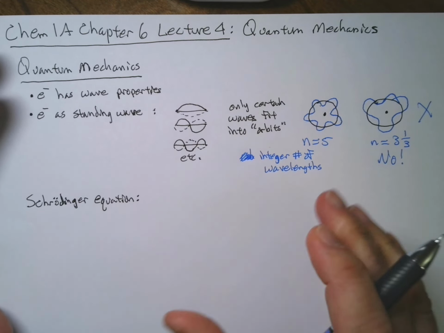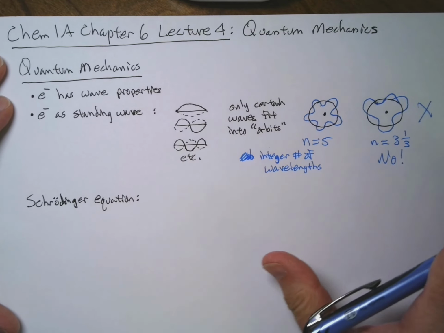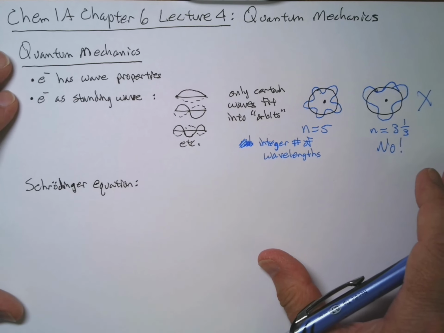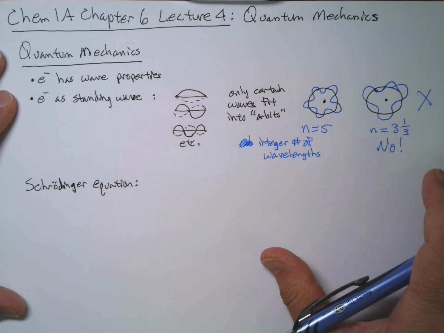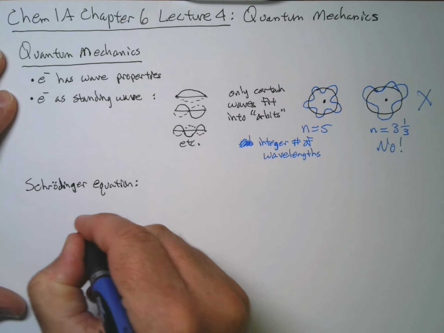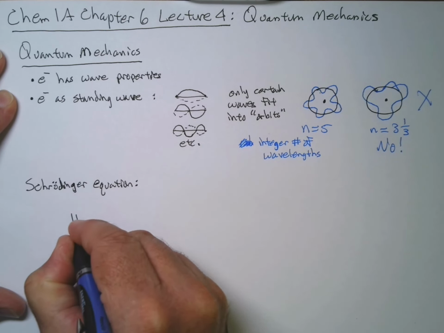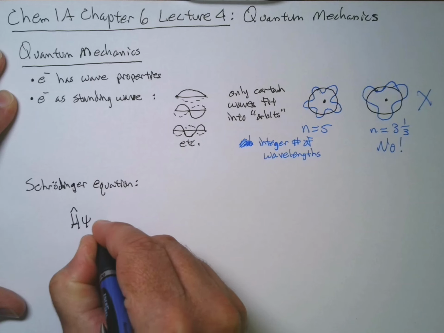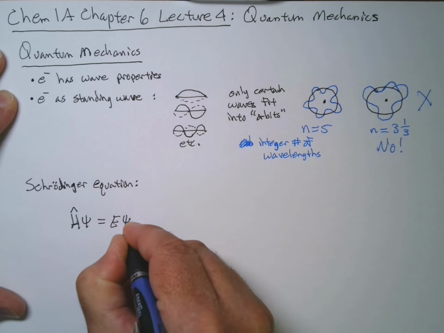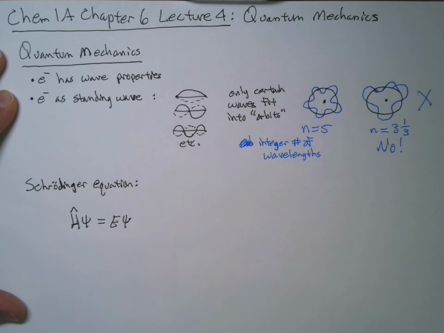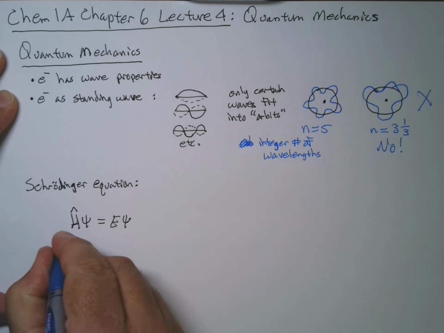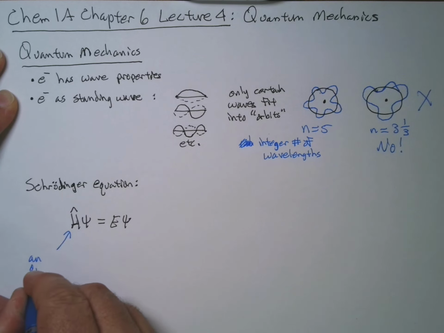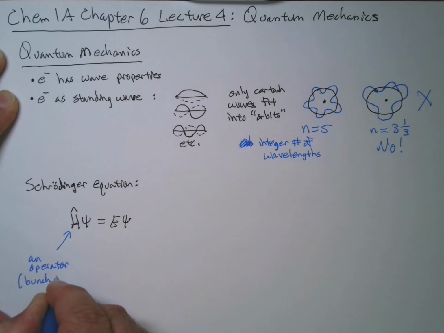And I'm going to show it to you, but you're not going to need to do any math with it, which is a good thing. Believe me, that's a more advanced physical chemistry course. So the Schrödinger equation is H hat psi equals E psi. Now what are the parts here? H hat is an operator, which is a bunch of mathematical calculations, operations.